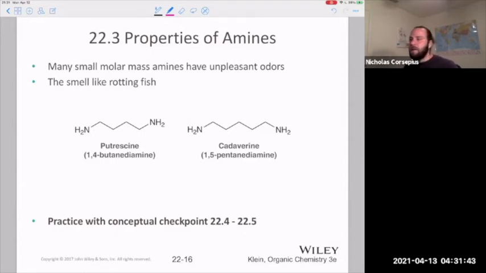Alcohols have that smell we know, very doctor's office-y, hits you right in the face, clears your sinuses. Amines smell terrible. They smell like rotten stuff, rotten fish. Esters, on the other hand, have those very fruity, pleasant smells. So yeah, just something to keep in mind.